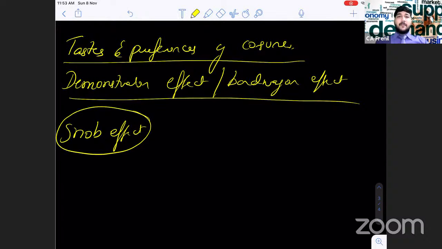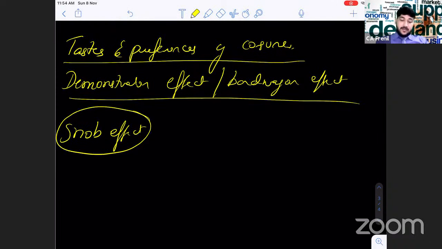So some people don't want that kind of bike at all. They are going for a higher end bike such as Harley Davidson. Why? Because things have become common. Whenever you have a greater money income, you don't want common things, you want something special, something extra, correct? That's what happens here, and that is called the snob effect.